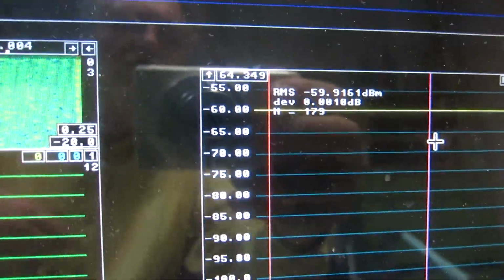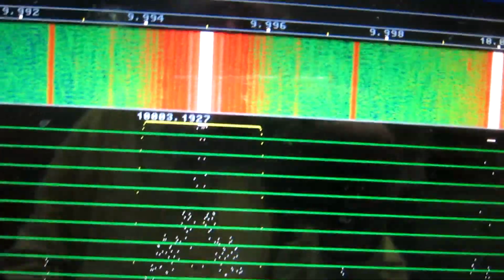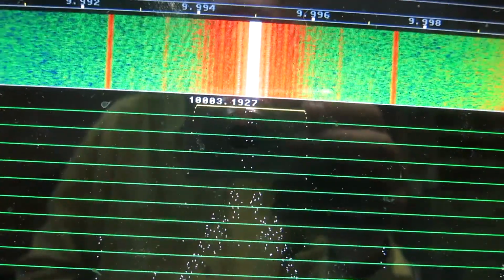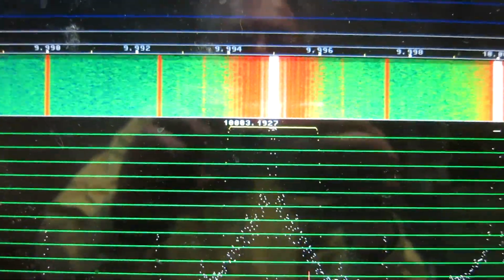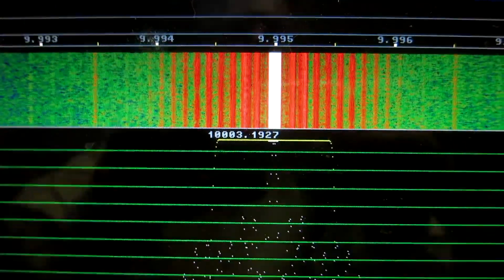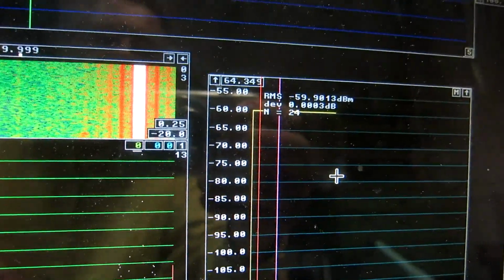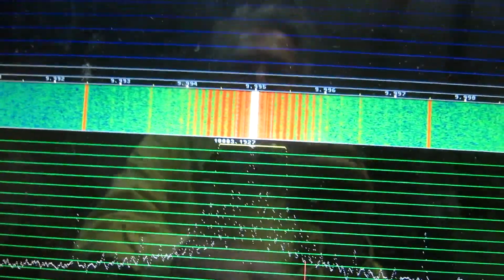So this will be fine. The bandwidth is 2 kHz. I will reduce it a little bit. Now the bandwidth is 1 kHz, and that did not change calibration, of course. Very little is lost outside the filter.